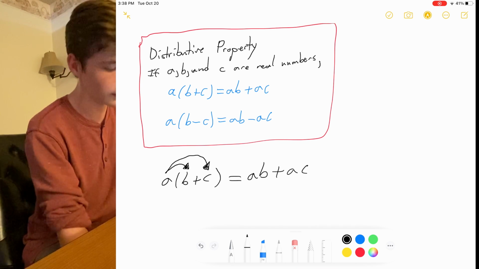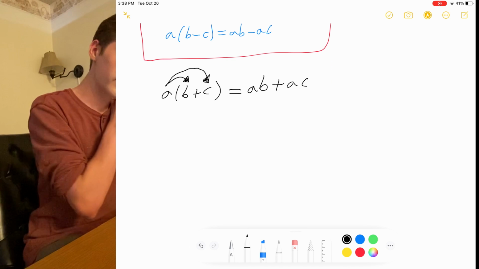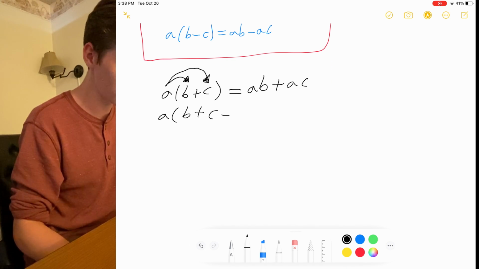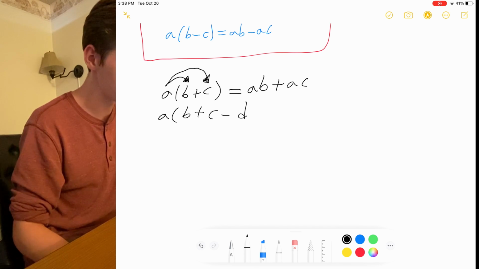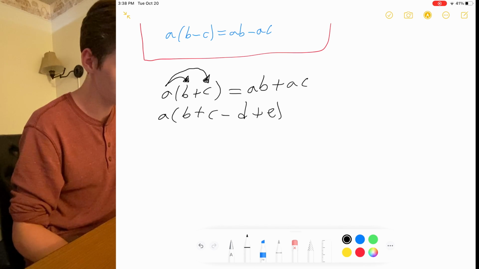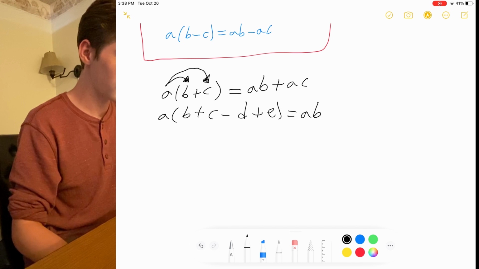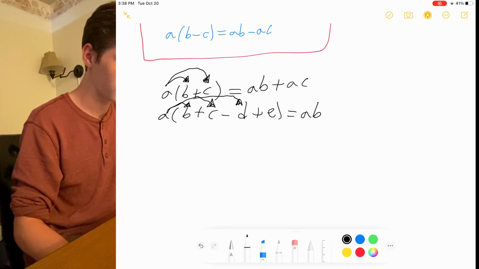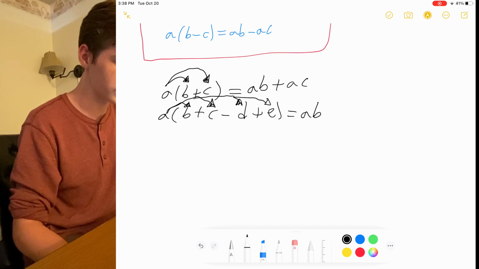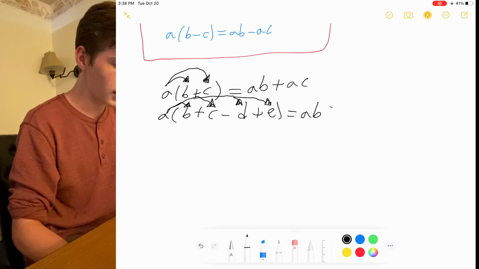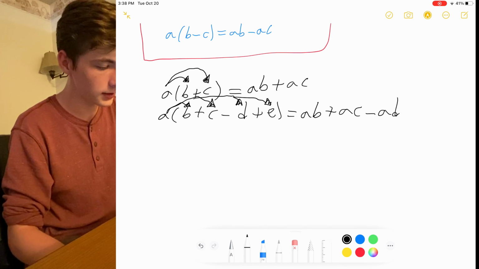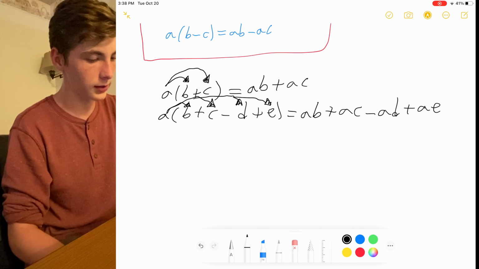Plus a times c. And this could have more than b and c, right? This could be like a times (b plus c minus d plus e). That would become a times b, right? We just make all these arrows to every single term in the parentheses here. So that'd be ab plus ac minus ad, and then plus ae.